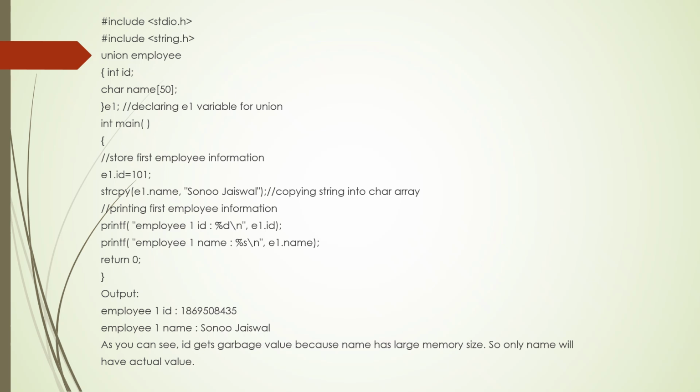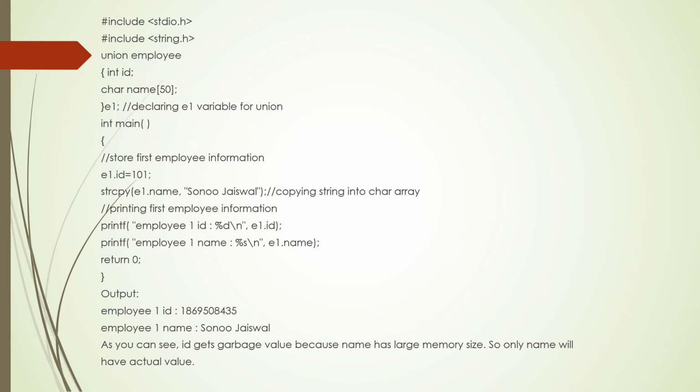So to conclude, unions in C are a powerful feature for efficient memory usage. They allow different data types to share the same location, which helps in saving memory. However, this comes with a limitation: only one member can hold a value at a time. Unions are useful in applications where memory is limited and we do not need to use all variables simultaneously.